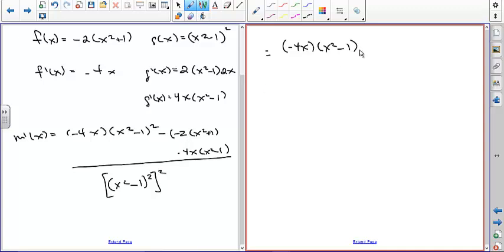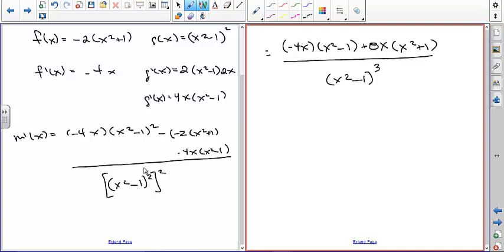Negative times a negative is a positive. 2 times 4 is 8, and I've got an x. So negative times a negative is positive, 2 times 4 is 8x. And then I get to cancel this one out. So then I'm left with x squared plus 1, all divided by x squared minus 1 cubed.